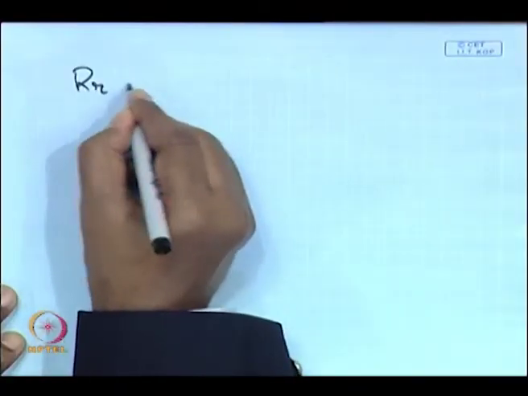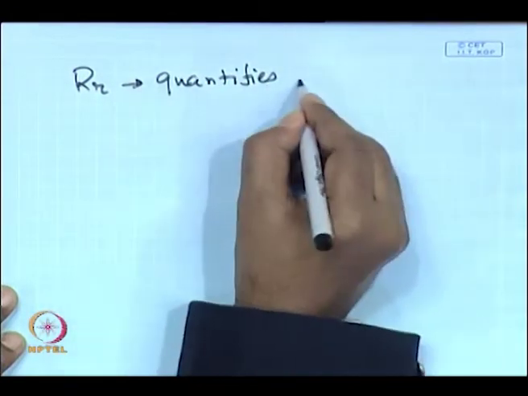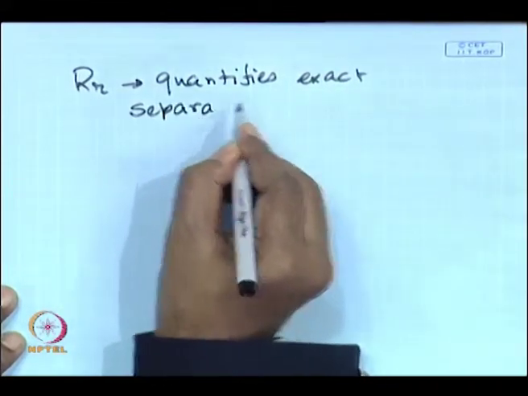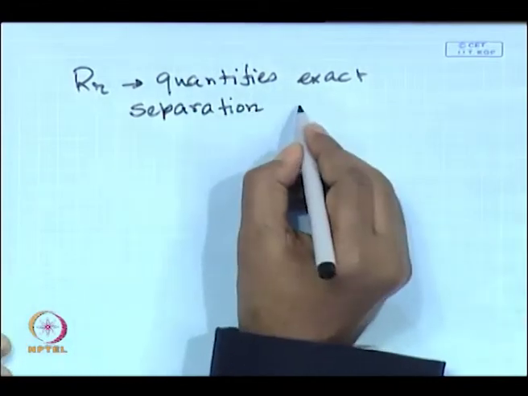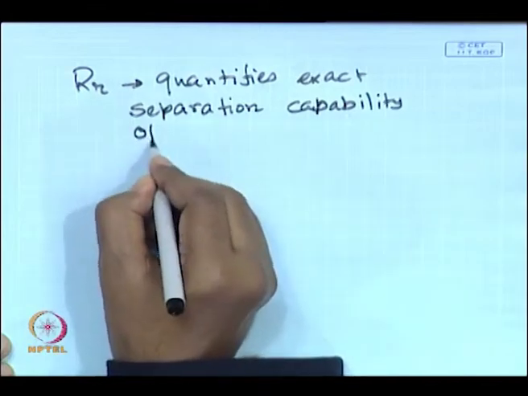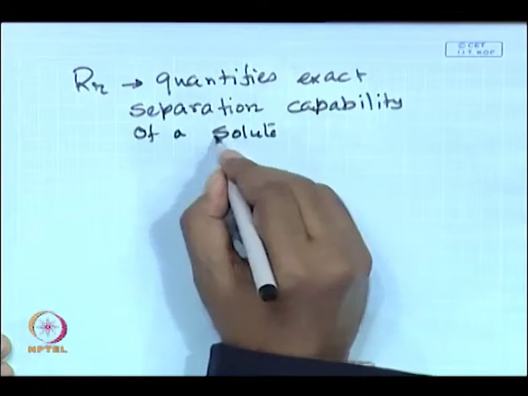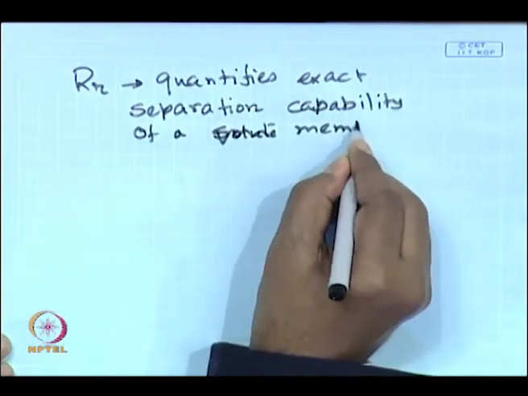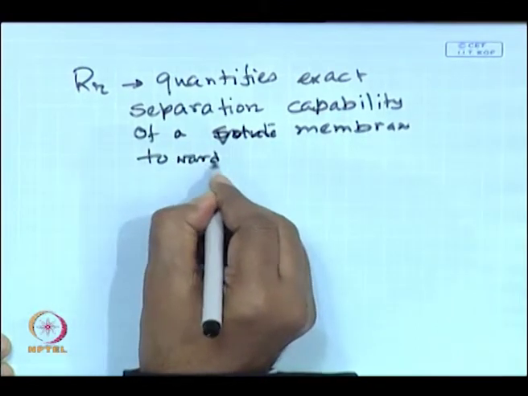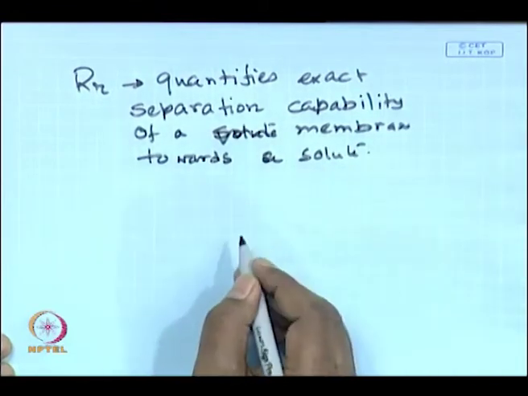So, RR quantifies the exact separation capacity of a membrane towards a solute. Okay.